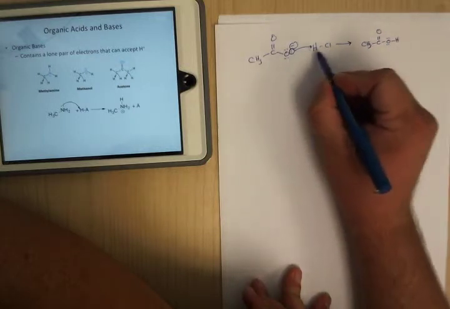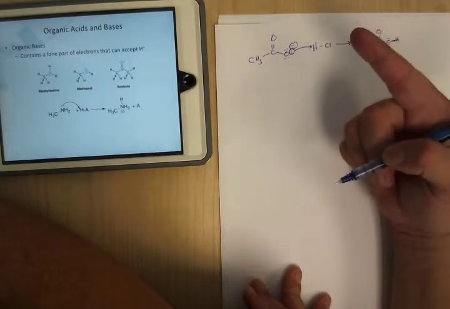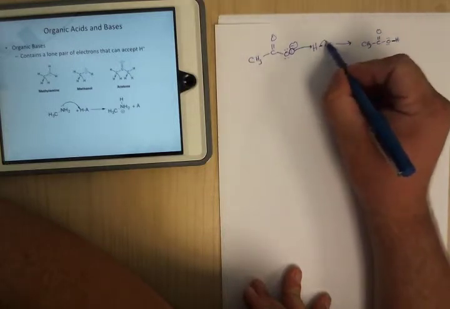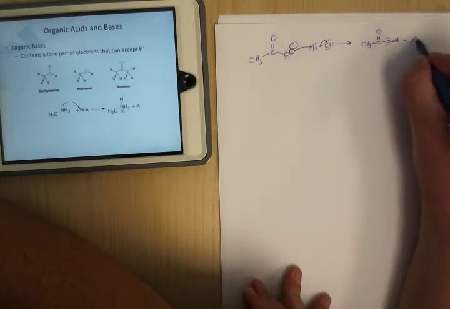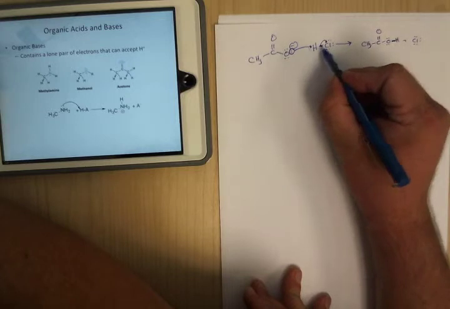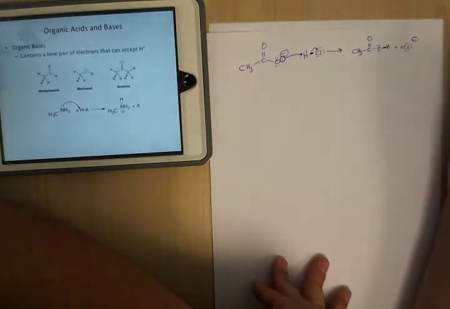So these 2 electrons become this new bond here. But hydrogen only needs to make 1 bond, so what does it do with these 2 electrons? It puts them onto the chlorine, which already has 3 lone pairs, plus Cl. So these 2 electrons become these 2 lone pairs, no big deal, and the formal charge is negative.